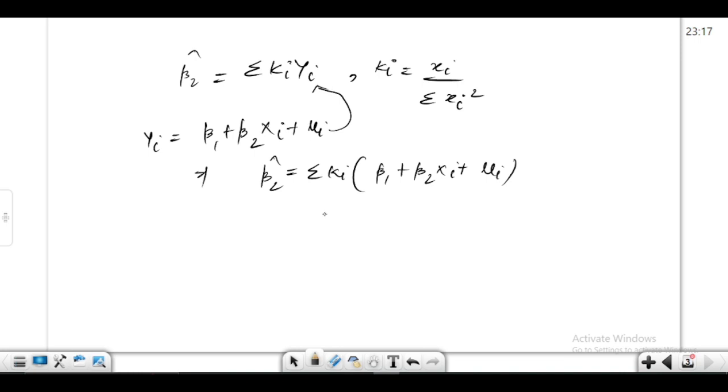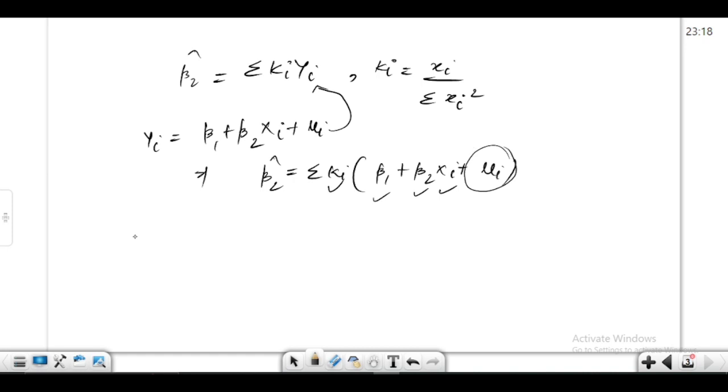So in here we know that your xi's are fixed, your beta 2 is also fixed. Okay, all these values are taken as fixed values. The only variable that we have is this ui variable.